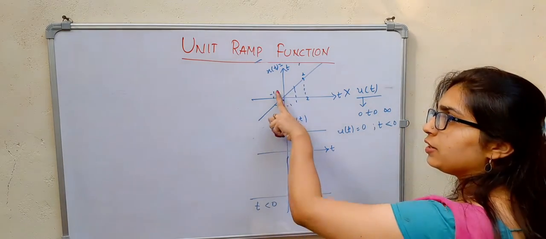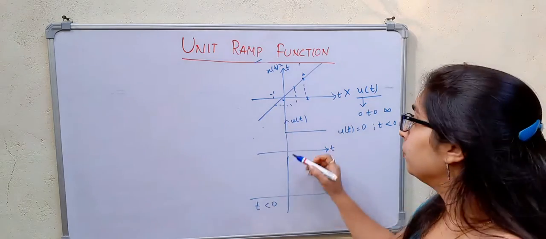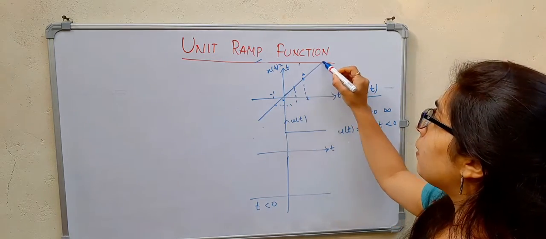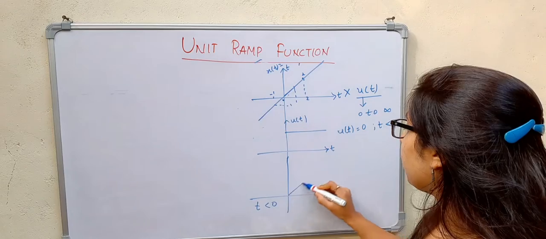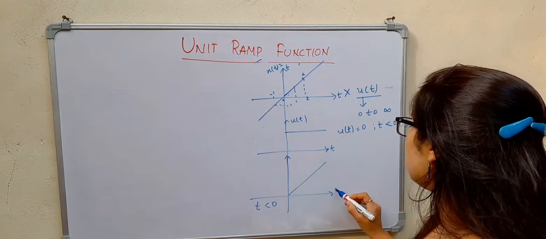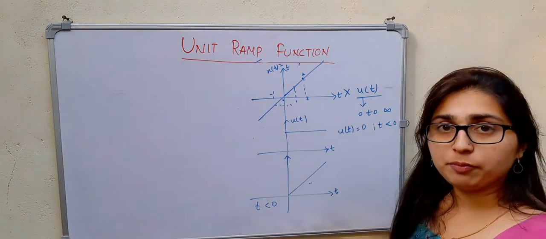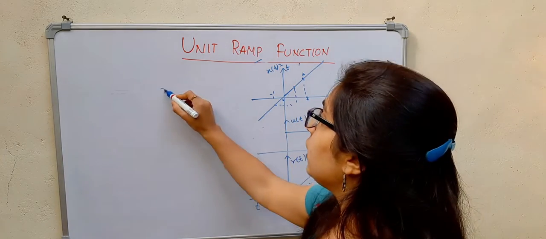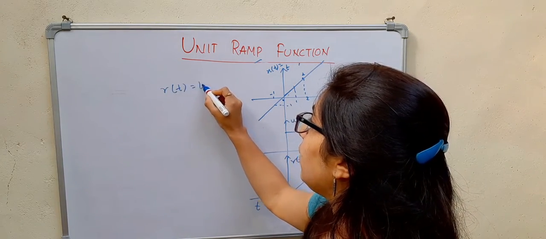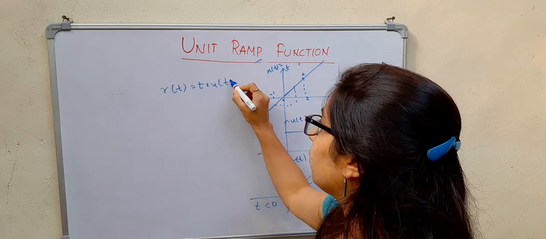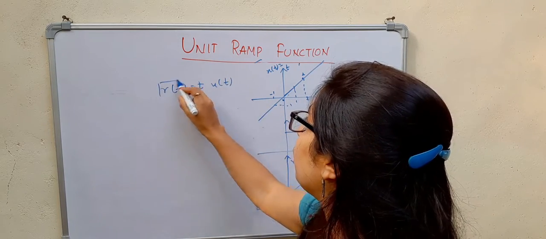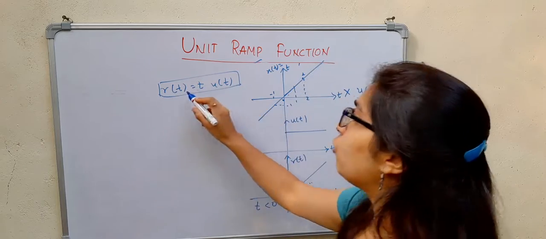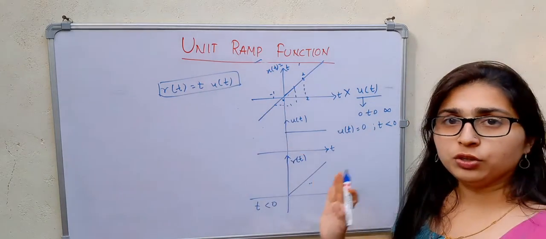Means this part vanishes. Only this part is multiplied with 1. That means I am getting this, which is nothing but our ramp function, R of t. So R of t can be written as t into u of t. Remember this: R of t is equal to t into u of t.